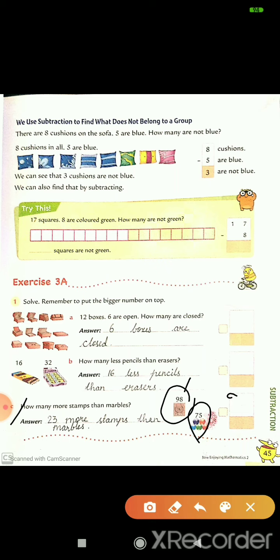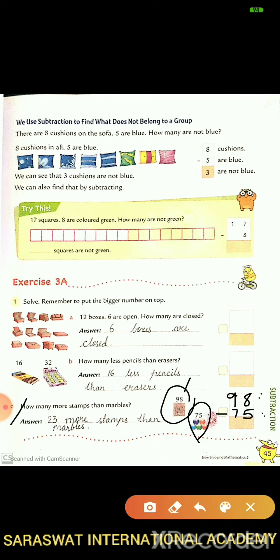So we'll write here 98 minus 75. Students, here there is no requirement for borrowing. Why? Because we can easily subtract 5 from 8. At the ones column, 8 and 5 are there. 5 is smaller than 8, so there is no need of borrowing.